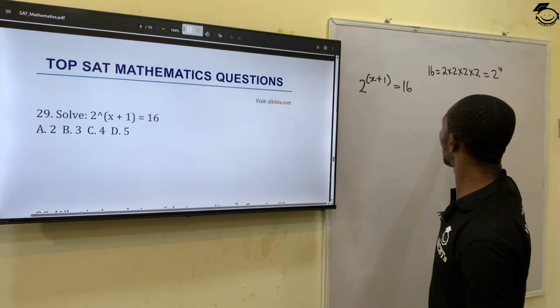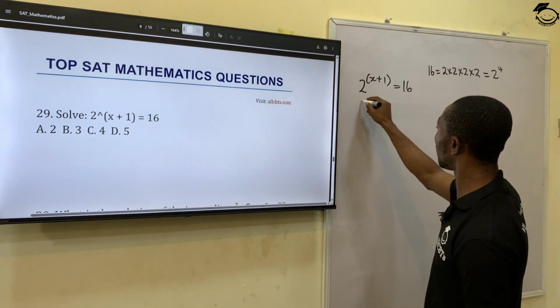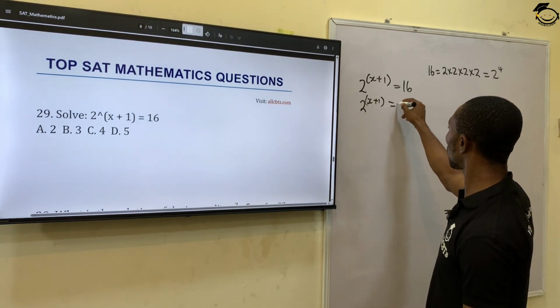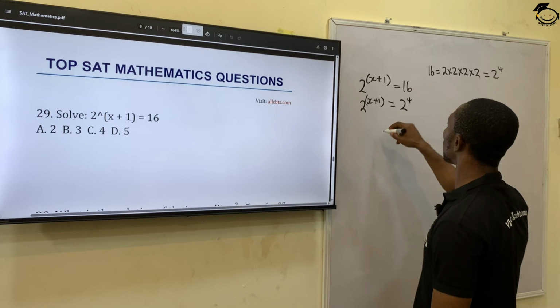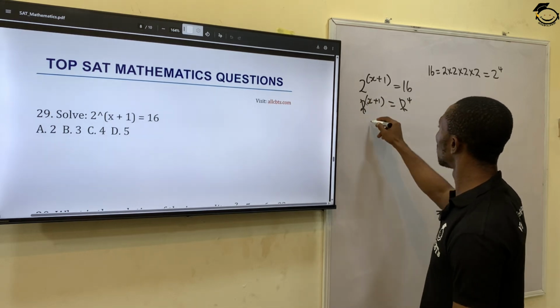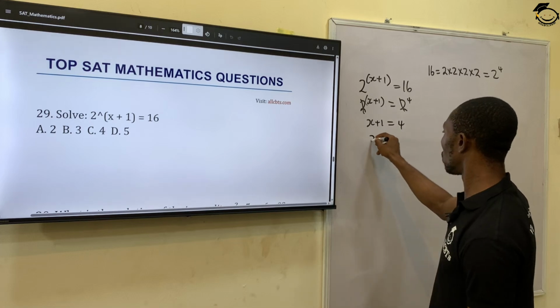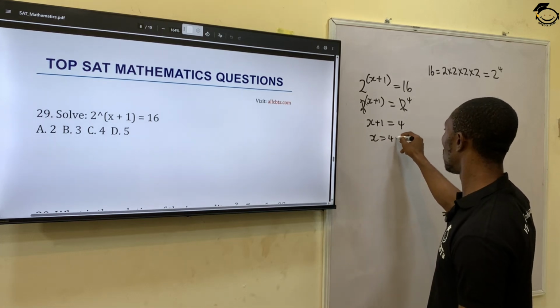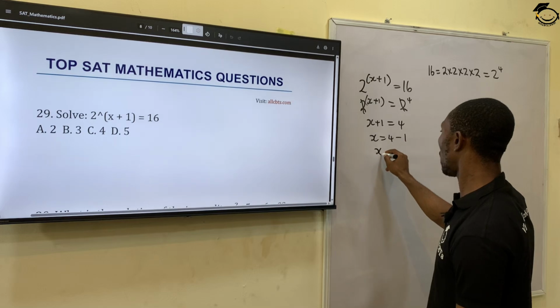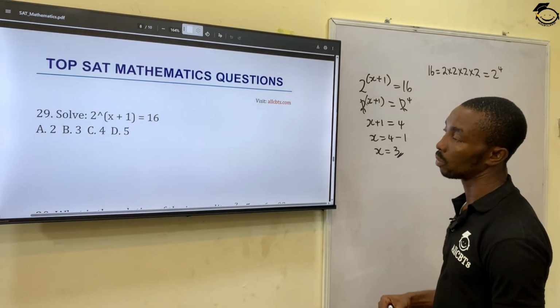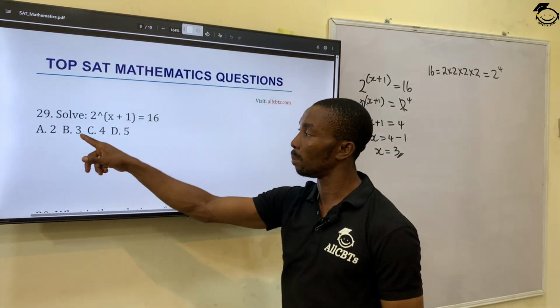All right, now replacing 16 with 2 raised to power 4, we're having 2 raised to power x plus 1 equals 2 raised to power 4. Cancelling out the bases, x plus 1 equals 4. So x equals 4 minus 1. x equals 3. So our answer will be 3, which is option B.